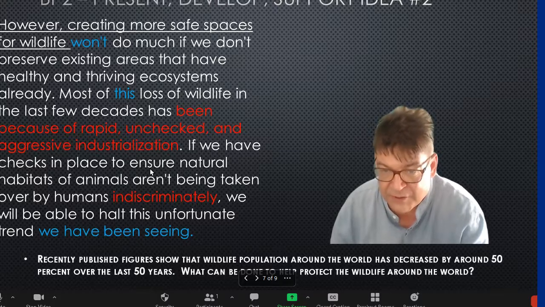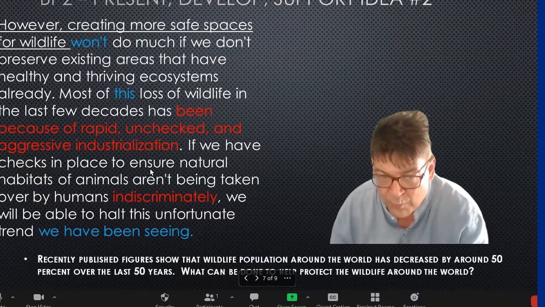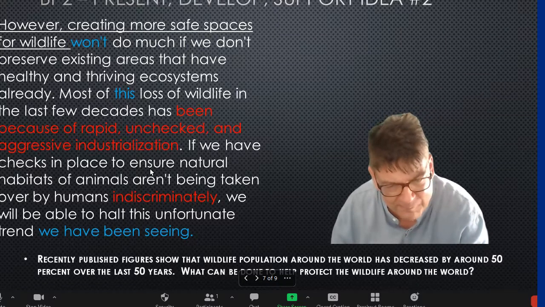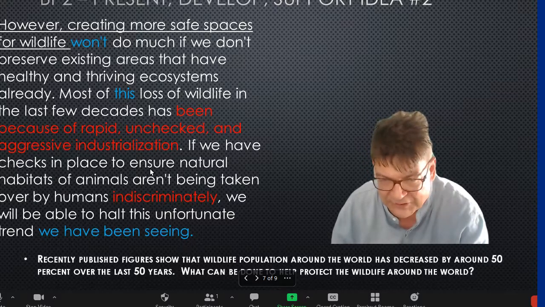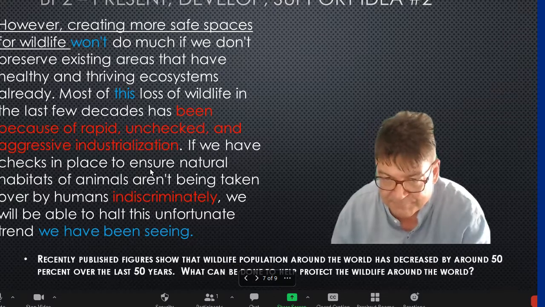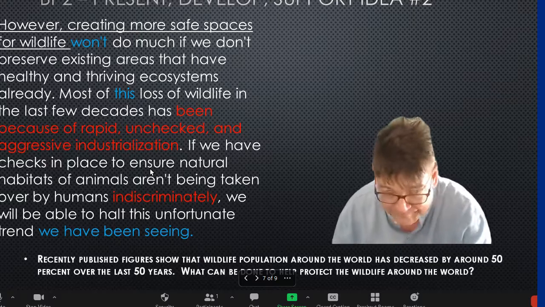What measures? What should we do? Not if they were in place. So it's only barely addressing the question. Okay, and once again, no more "we." "We will be able to halt this unfortunate trend we have been seeing." Unnecessary. "We have been seeing" is not needed.